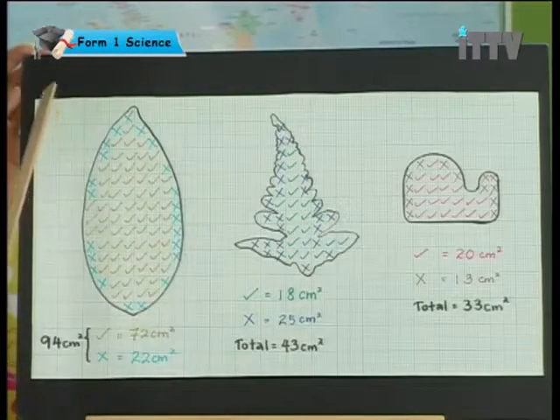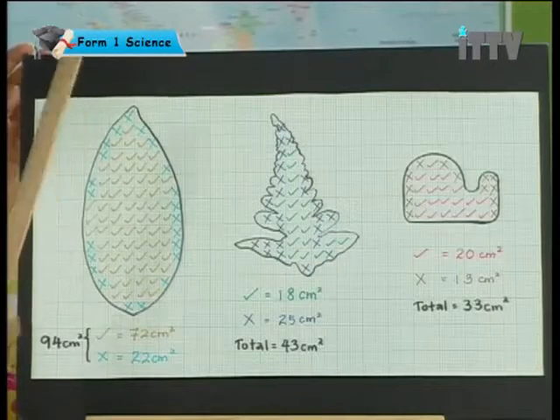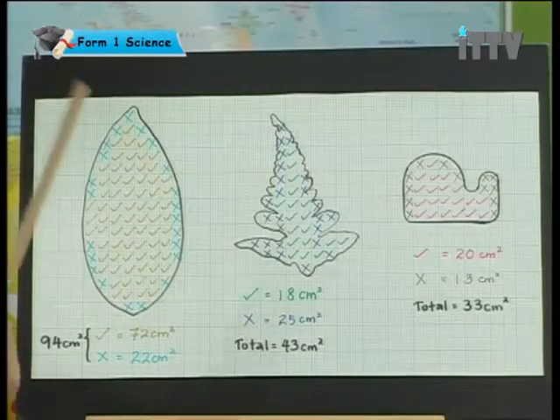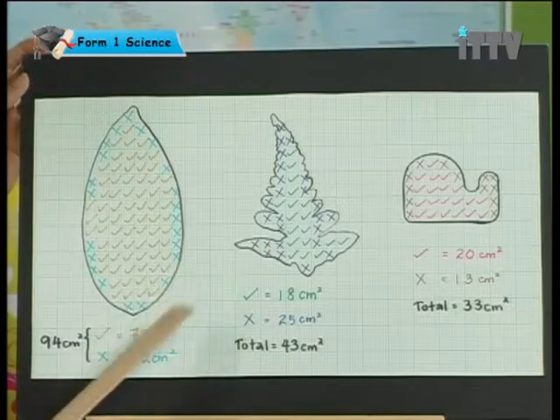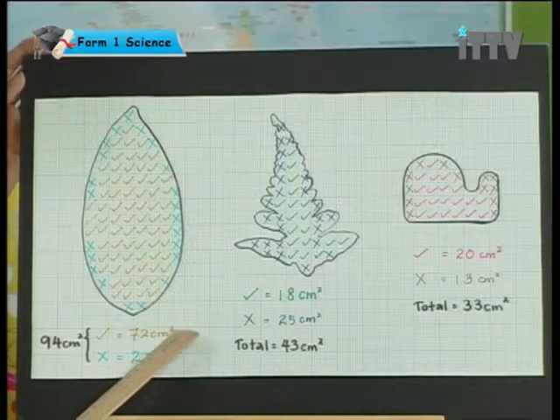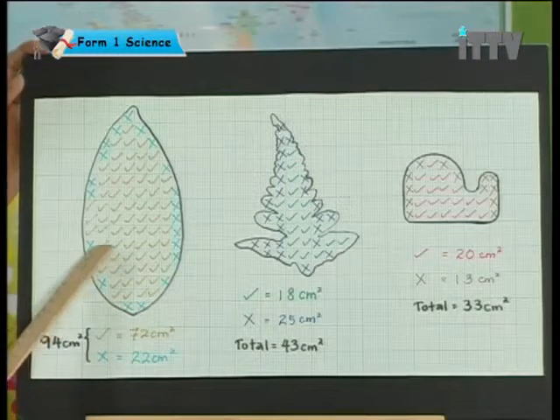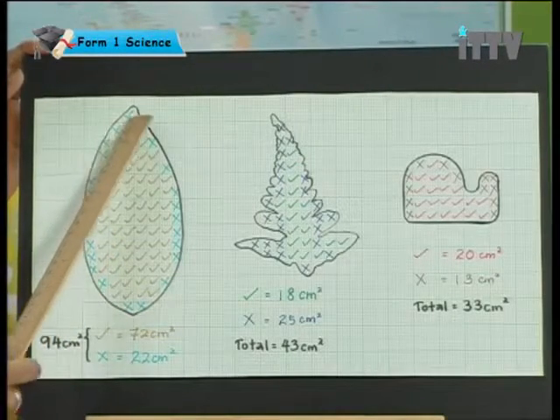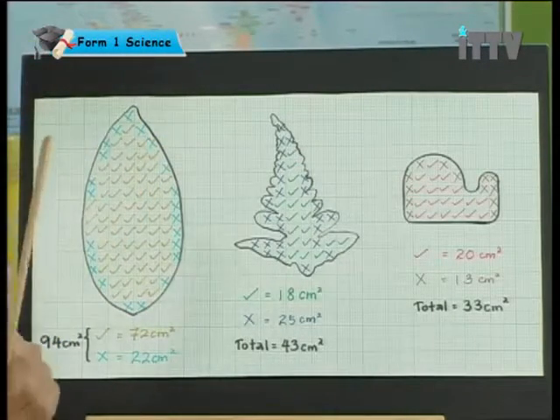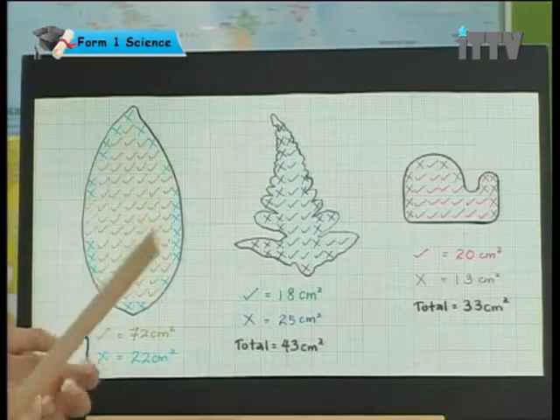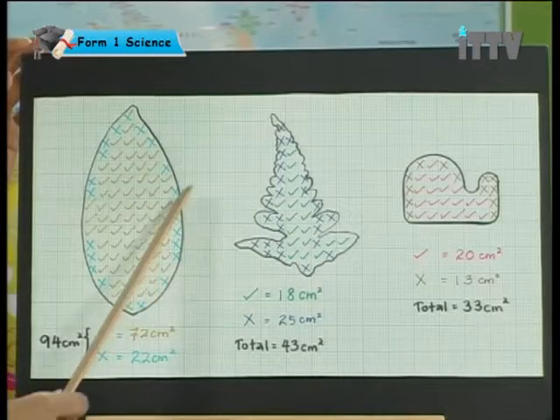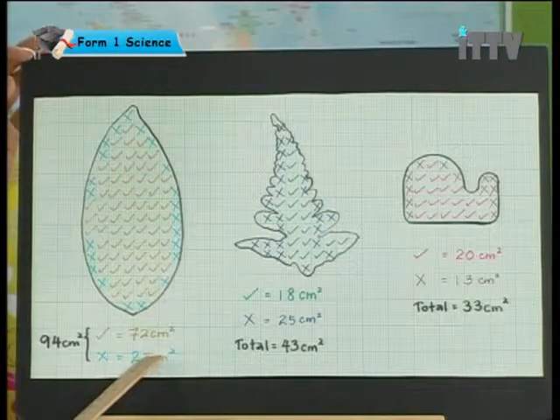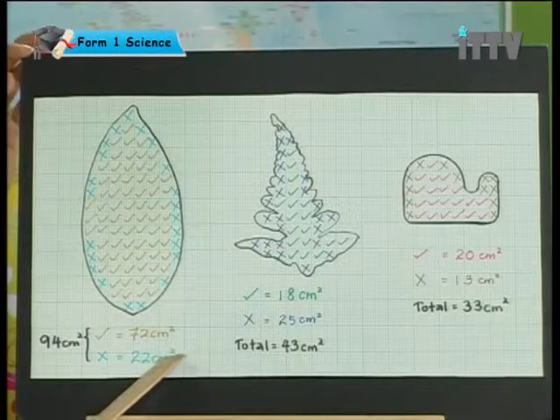Now remember that a small box in the graph paper is actually 1 square centimeter. So if I tick 72, then I have 72 square centimeter. The X here I have used to represent more than half a square or nearly a full square. The number of crosses present here covers 22 square centimeter.